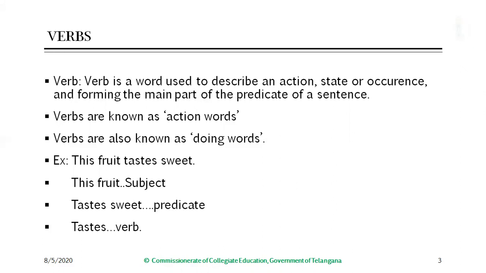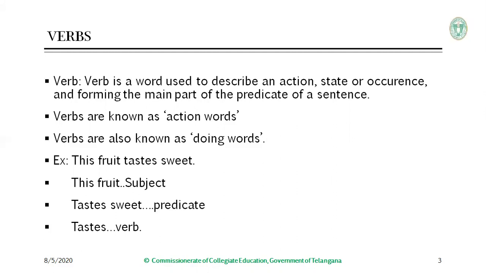Let's look at an example here. This fruit tastes sweet. Here, this fruit is the subject.